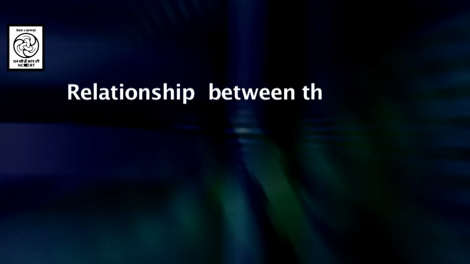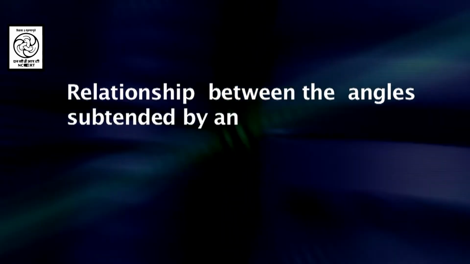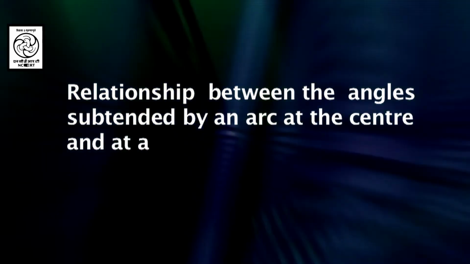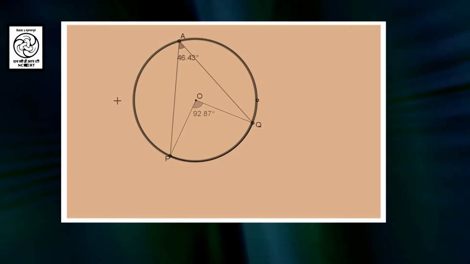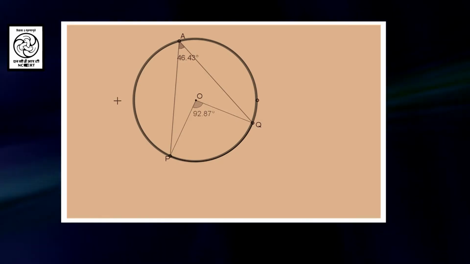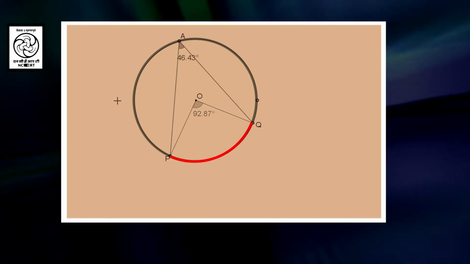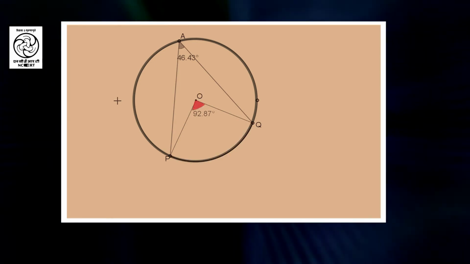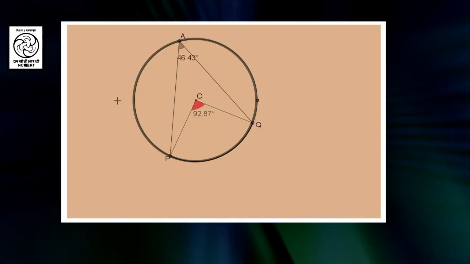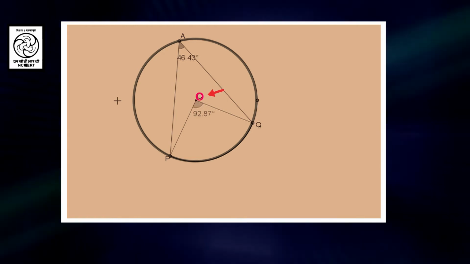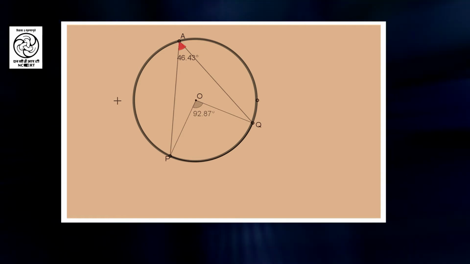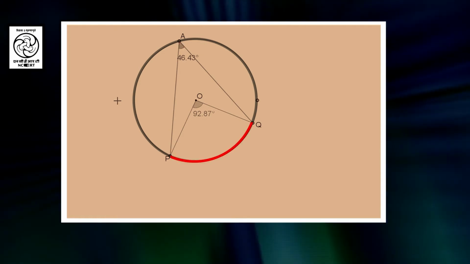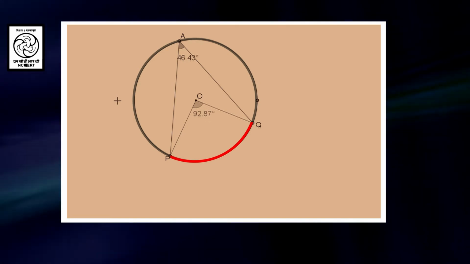So, now let us study the relationship between the angle subtended by an arc at the center and at a point on the circle. In this circle we have an arc PQ, O is the center, angle POQ is the angle subtended by the arc at the center O, and angle PAQ is the angle subtended by arc PQ at any other point on the circle.